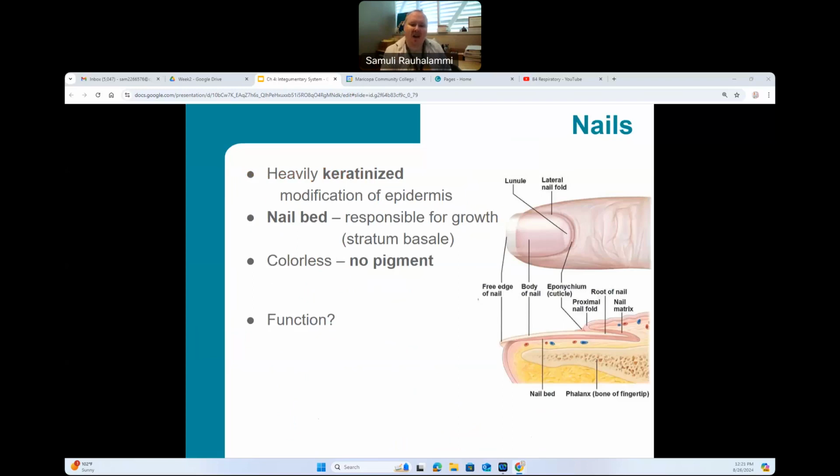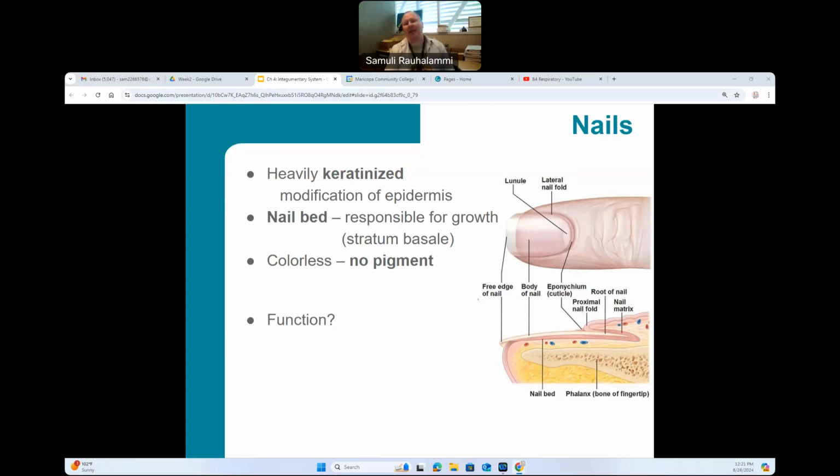If we think of the function of the nails, there are a few ways of approaching this. Obviously, nails play an important role in our fine grip, but they also protect the ends of the fingers and toes. We tend to bump our toes and fingers, especially if you're a little clumsier like me, every now and then, and these nails protect us from significant tissue damage when that happens.